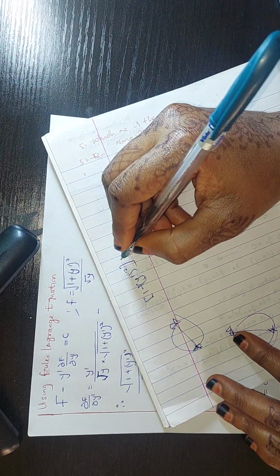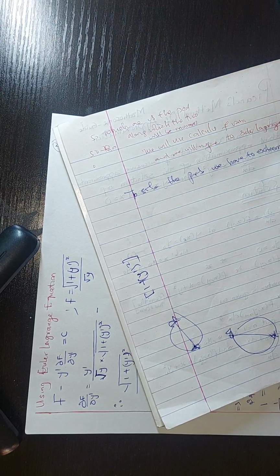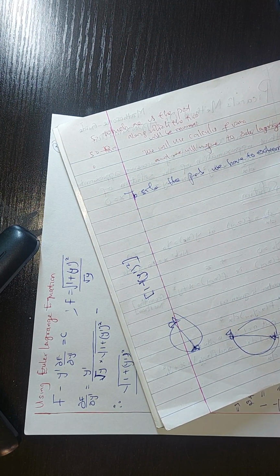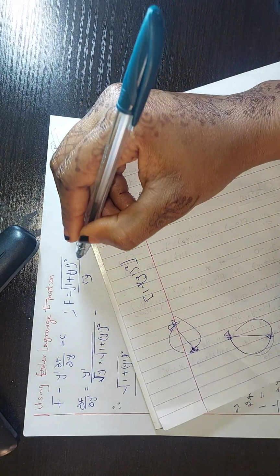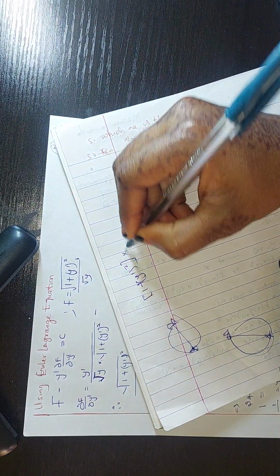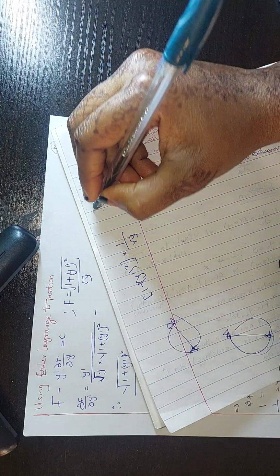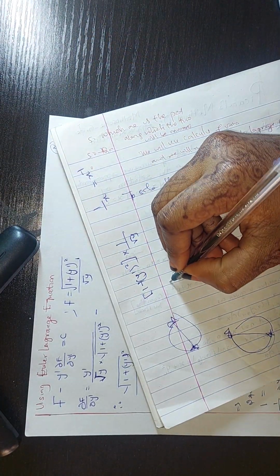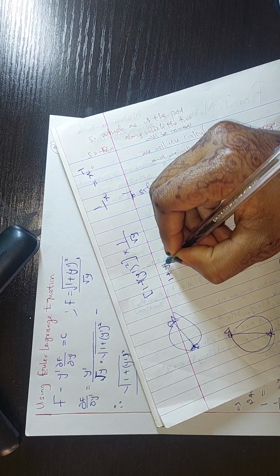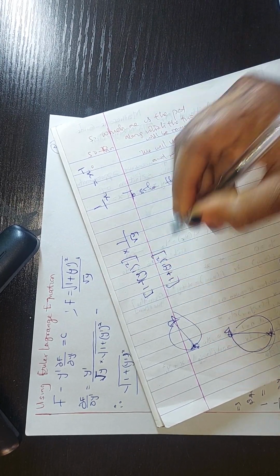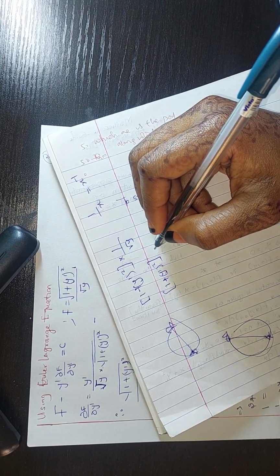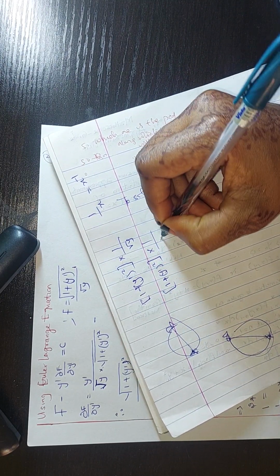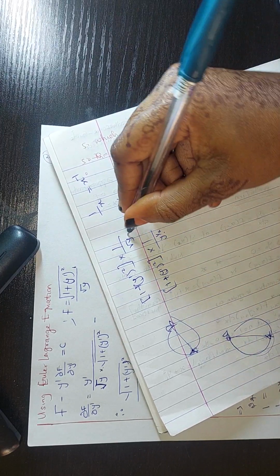Now, I can either use the quotient rule or the product rule. I can change this to this, multiplied by 1 over square root of y. If I have 1 over x, it's the same thing as x raised to power minus 1. So this is the same thing as 1 plus y prime squared multiplied by 1 over y raised to power half, because anything raised to power half is the same thing as square root.